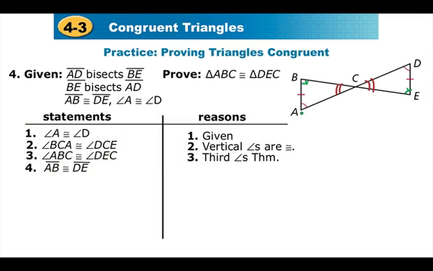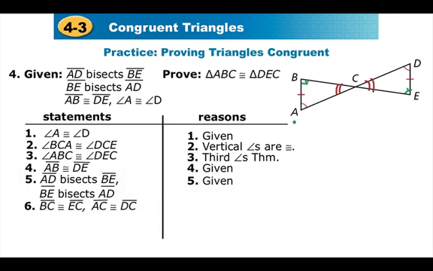Number 4, AB congruent to DE. This was given. Notice that it's already marked. This is also given. They're saying that these segments bisect each other. So then I can say this. Since they bisect each other, BC is congruent to EC.